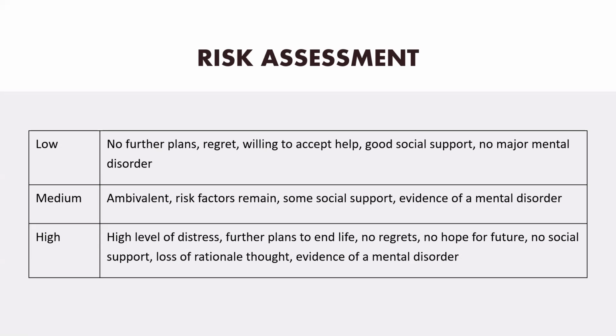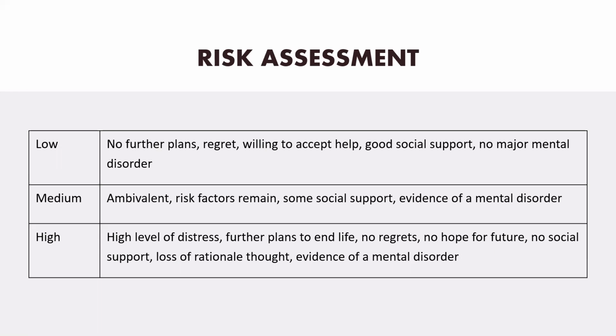They still talk about planning to attempt to end their life again, and you don't think they're being rational in their discussion with you either. These are three things which are very important when you present your history to either the examiner or a senior doctor. They're going to be asking you what you think your risk assessment of them was. So that's, again, very important.